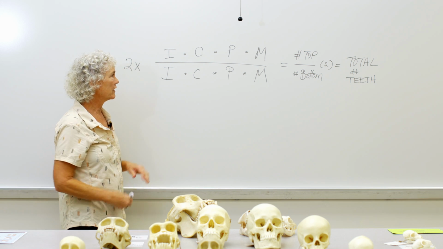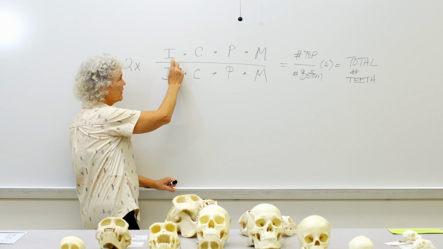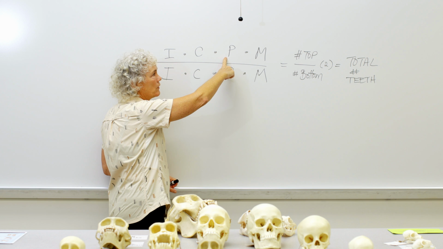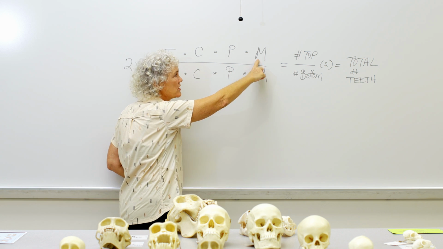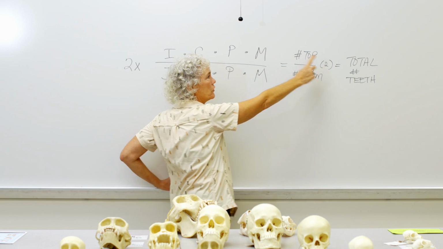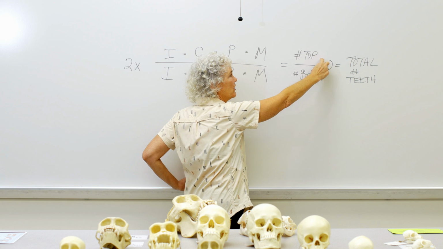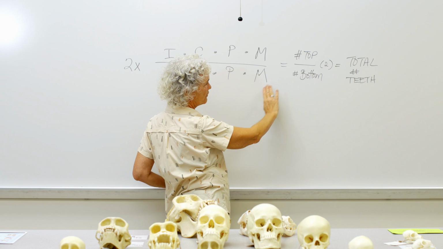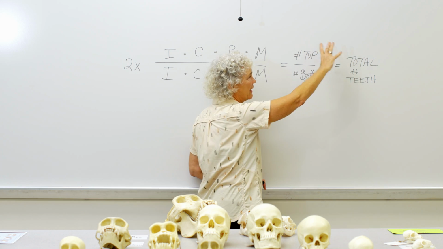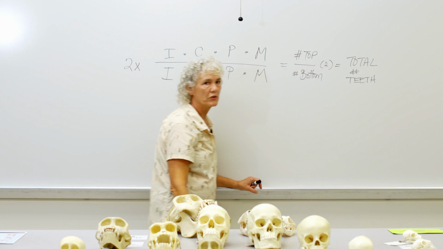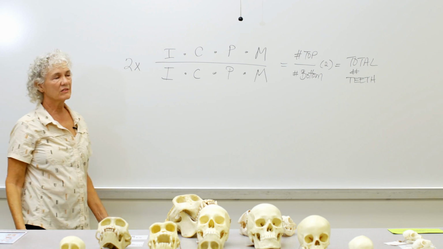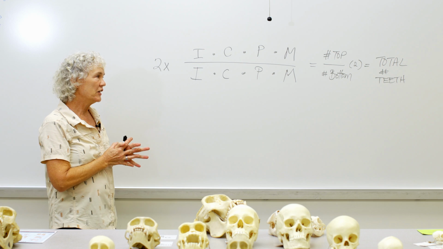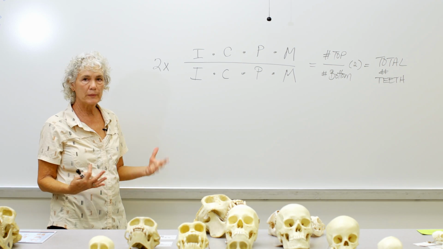When we get all done, we're going to have a number here that is the number of incisors, canines, premolars, and molars on the top, and we're going to multiply that times 2 to get the total on the top, and then we're going to do the same for the bottom, and we're adding those 2 together to make the total number of teeth. So again, this is not a mathematical formula. It's just a way of keeping track or keeping tally.